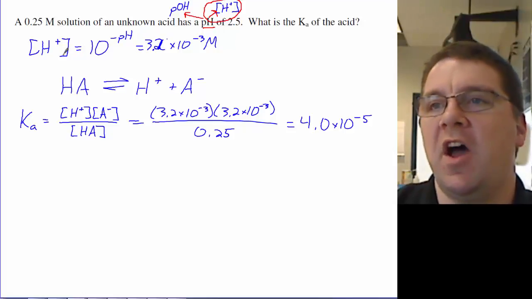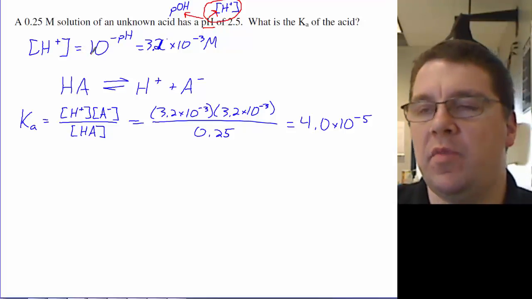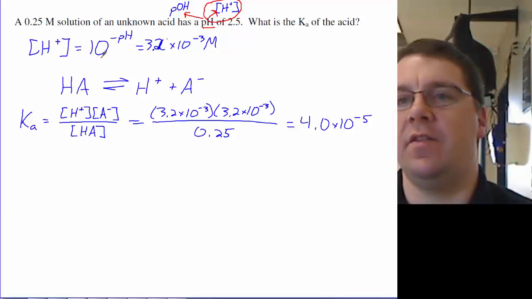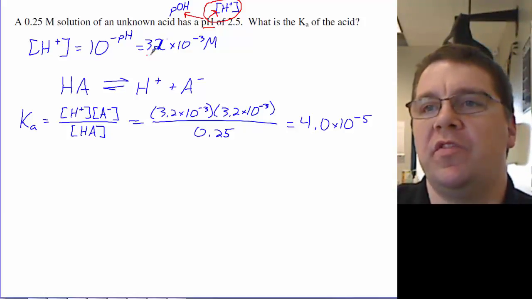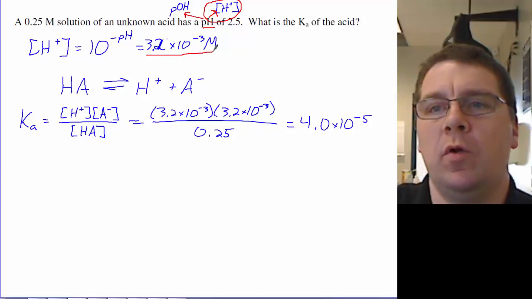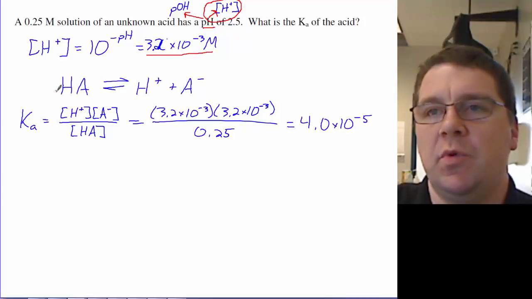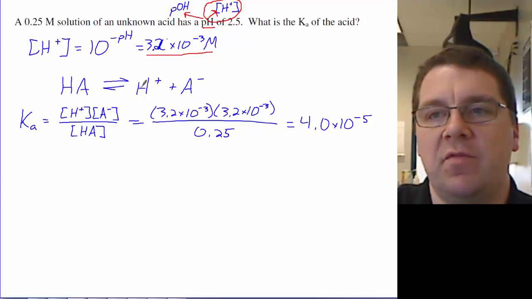To find the hydrogen ion concentration, you have to undo that pH calculation. So you're going to take 10 to the negative pH value, which gives you 3.2 times 10 to the minus 3rd molar. Again, with a generic equation, we assume that whenever an acid ionizes, it's only going to lose that first proton, so it's treated as if it's monoprotic.